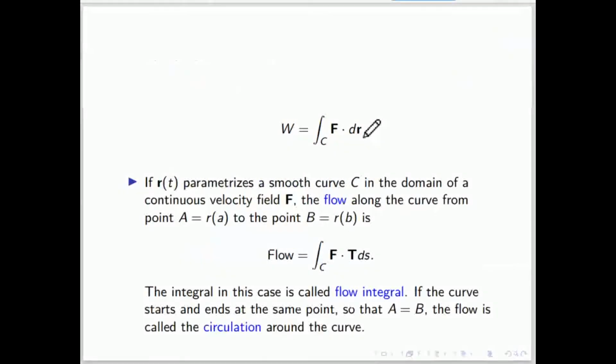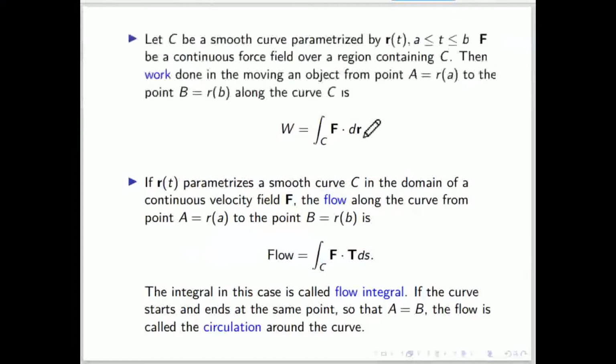Another one is the application of flow. If F is a velocity, like here it is a force, then this F dot T ds will represent the flow from A to B. And if both the points A and B are the same, that is the curve is a closed curve, then it is called circulation. So in all three cases, if you want to calculate work done, flow, or circulation, you have to calculate this line integral.